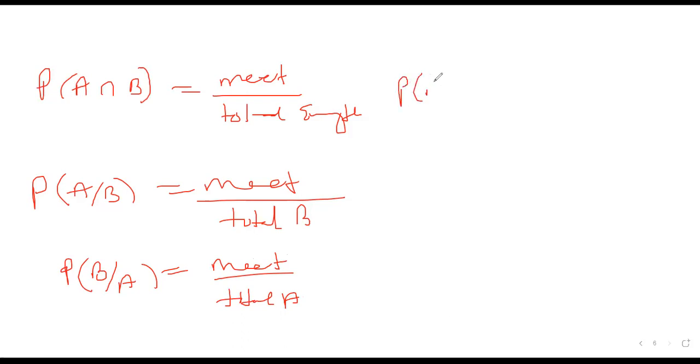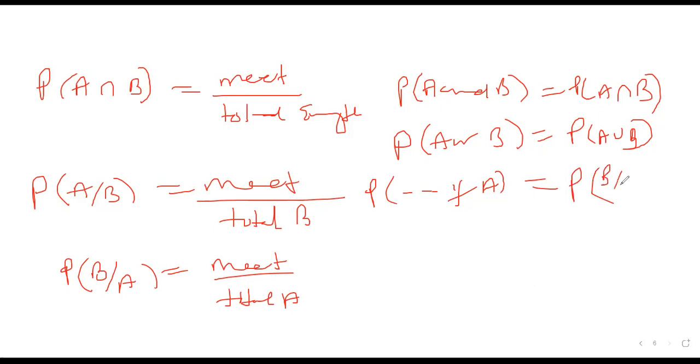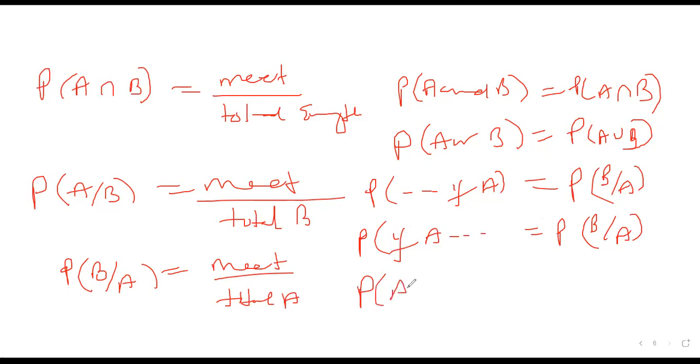If they say A and B, it means A intersection B. If they say A or B, it is simply A union B. If they say probability of something if A, it means whatever they're talking about, but given A. If they say assuming A, it means whatever you're talking about, A must be down.